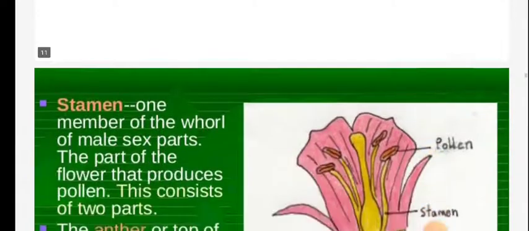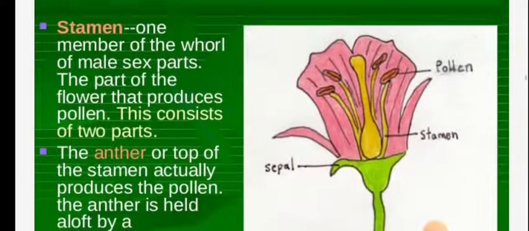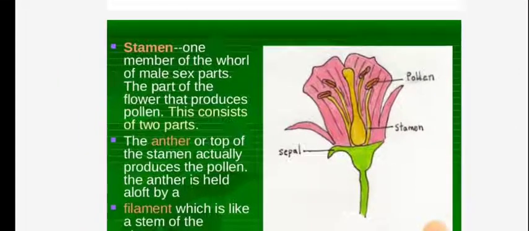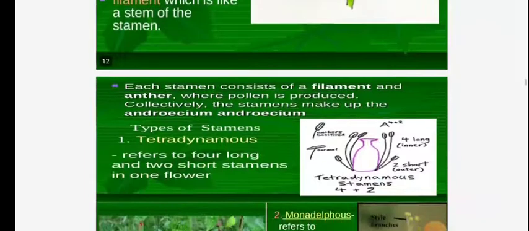Next, the stamens are a member of the whorl, a male reproductive organ, and it shows the position: outermost calyx, corolla, then androecium and gynoecium. This position we already know from this diagram.